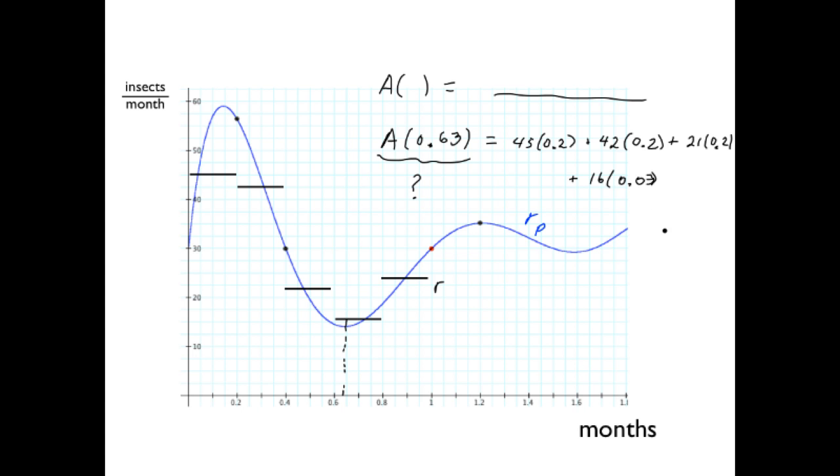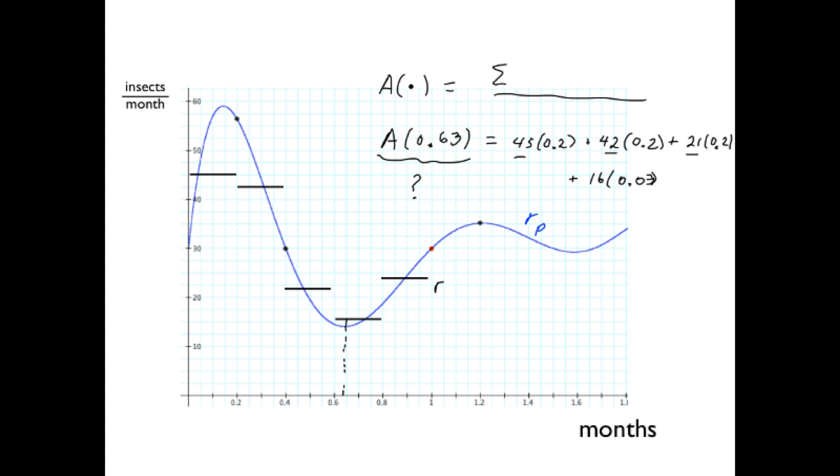So now that accumulates all of the change in population starting from 0 up to 0.63. Notice that we're doing the same thing over and over again here, but the rate changes in these first three. When you keep summing the same thing or something very similar over and over again, we have a symbol for that.